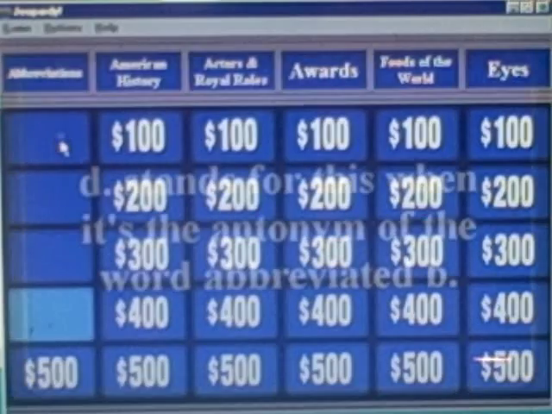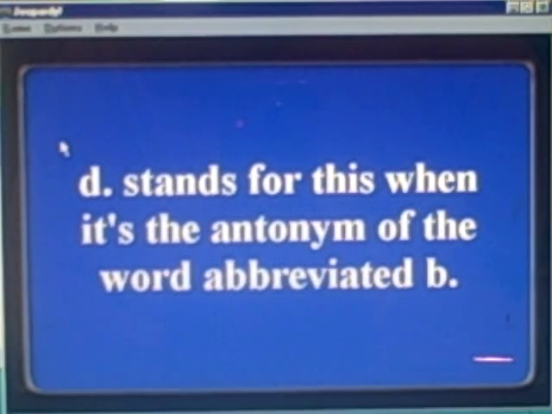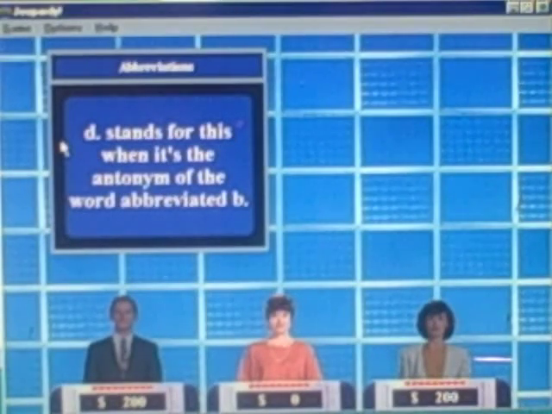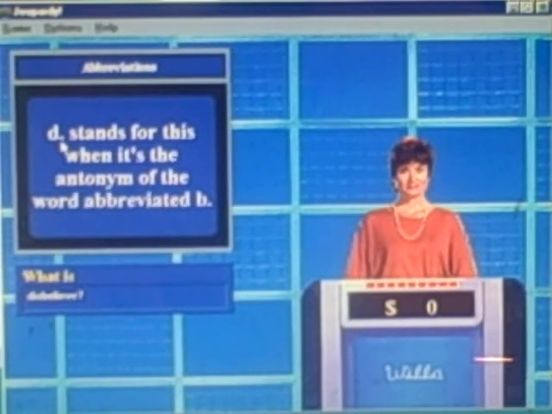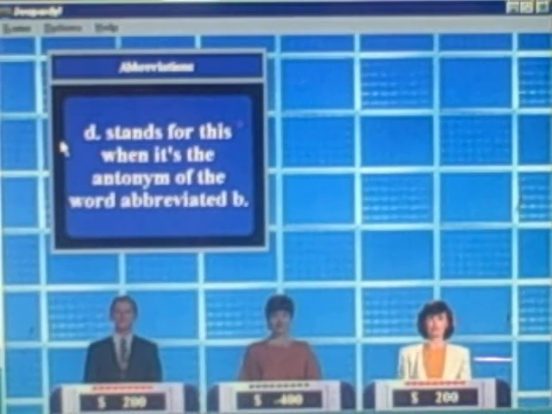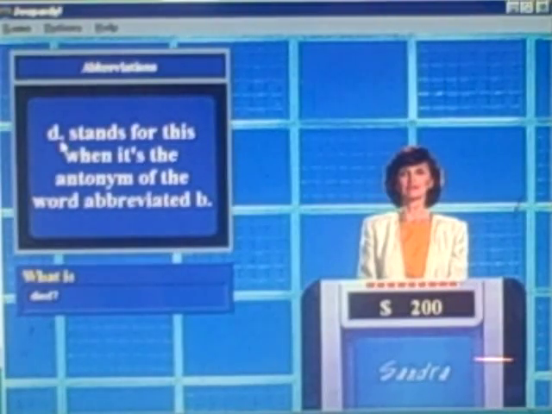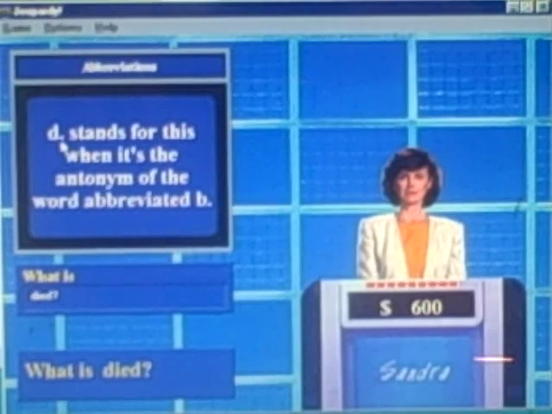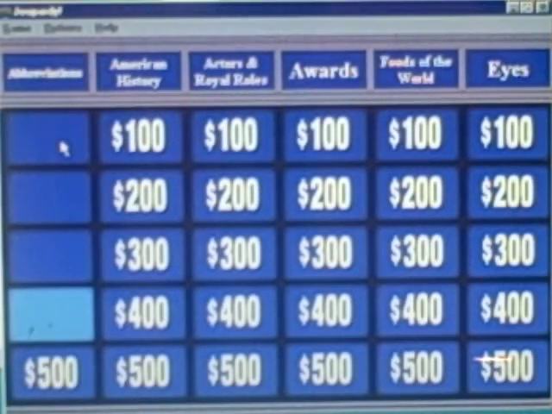D, little d, period, stands for this. What is the antonym of the word abbreviated B? What is disbelieve? No, I'm sorry, that's wrong. What is died? Yep, you are correct.